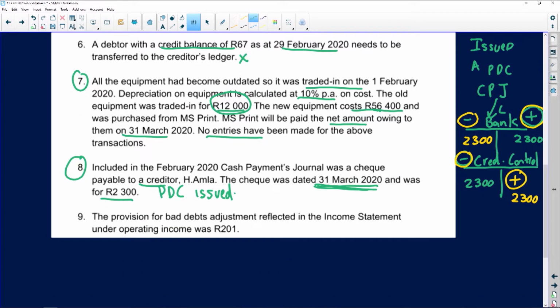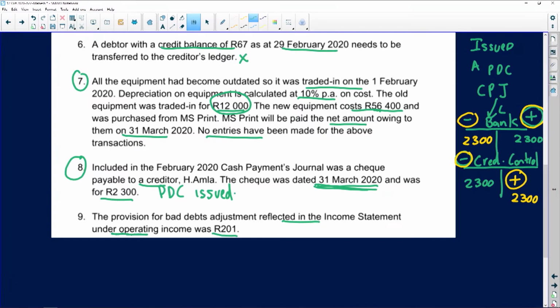Right, adjustment 9, the provision for bad debts adjustment reflected in the income statement under operating income was 201 Rand. Okay, so obviously provision for bad debt, something that you've come across in grade 10, grade 11, and once again in grade 12.